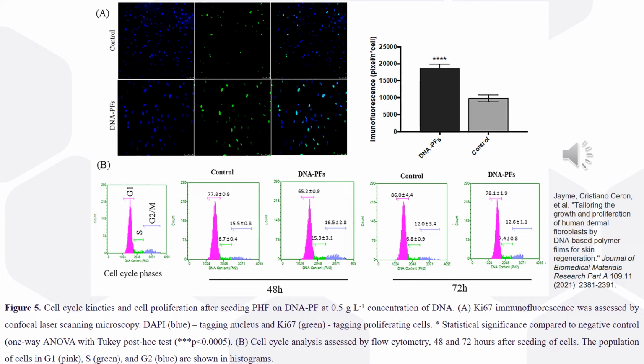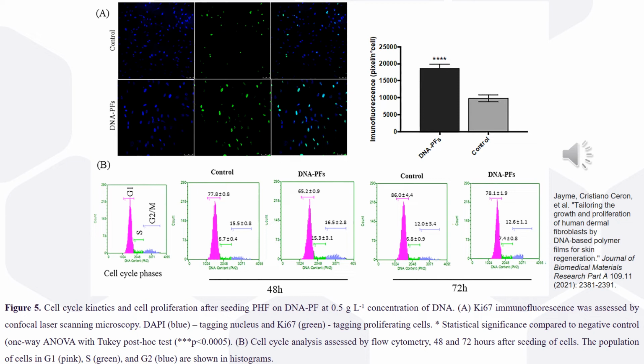Since both groups showed a similar green fluorescent signal, the relative fluorescence units were quantified by a microplate reader for different concentrations of DNA, and a difference was observed between the low concentration of DNA groups and the control groups.